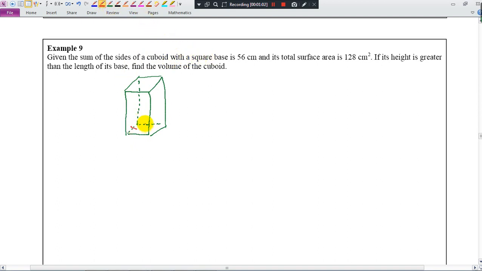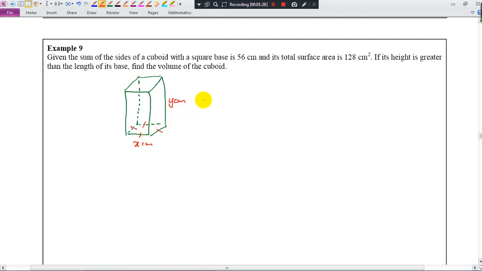That means all the lengths here are the same. We just let it be x centimeters. And the height, we just let it be y centimeters. And the question tells you that its height is greater than the length of the base, meaning that y should be greater than x.